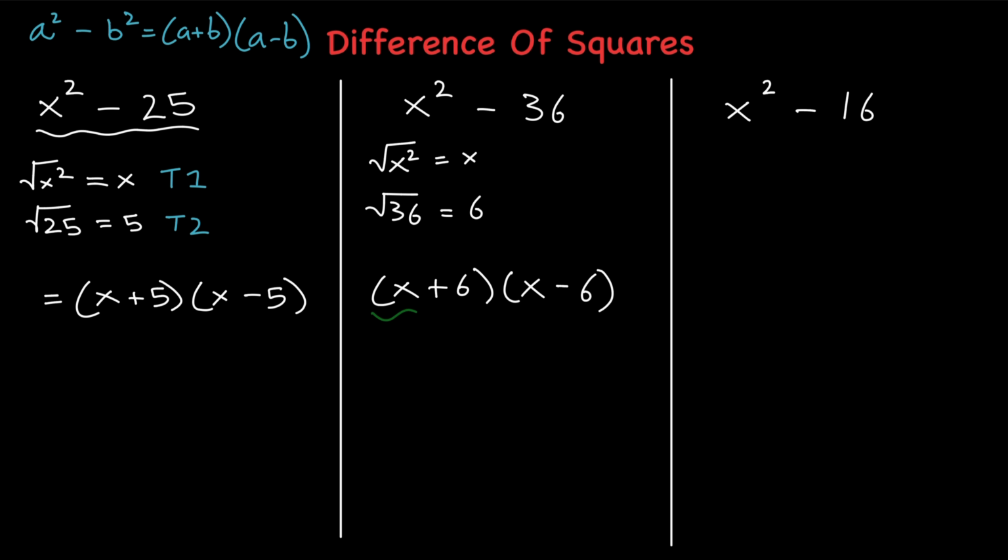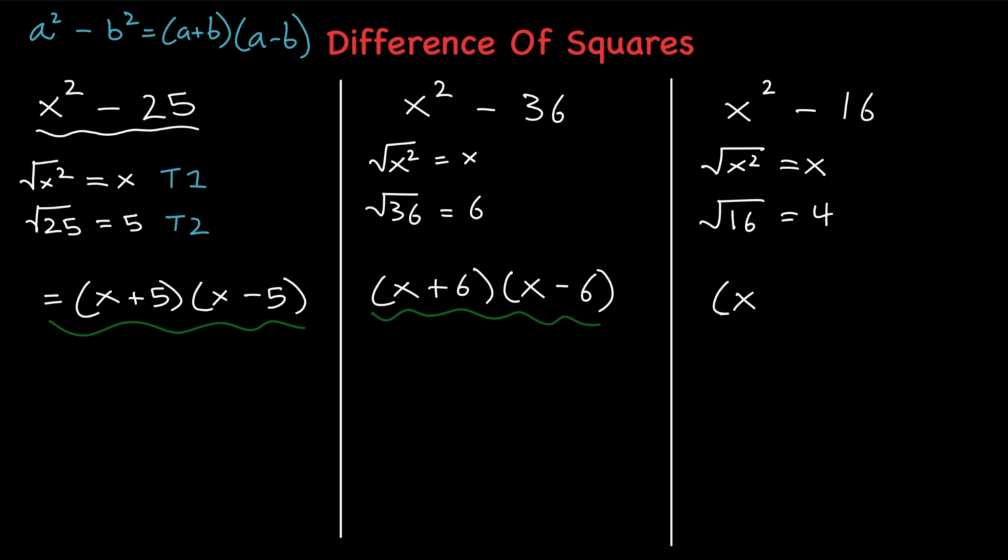And this is the factorized form of that expression. And now for this last example, we know that the square root of x squared is x, and the square root of 16 is 4. And so using those two terms, the factorized form of x squared minus 16 is x plus 4 multiplied by x minus 4.